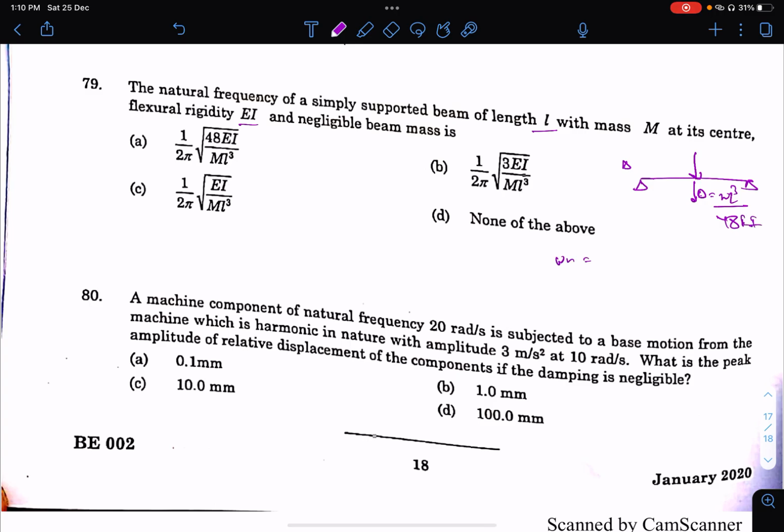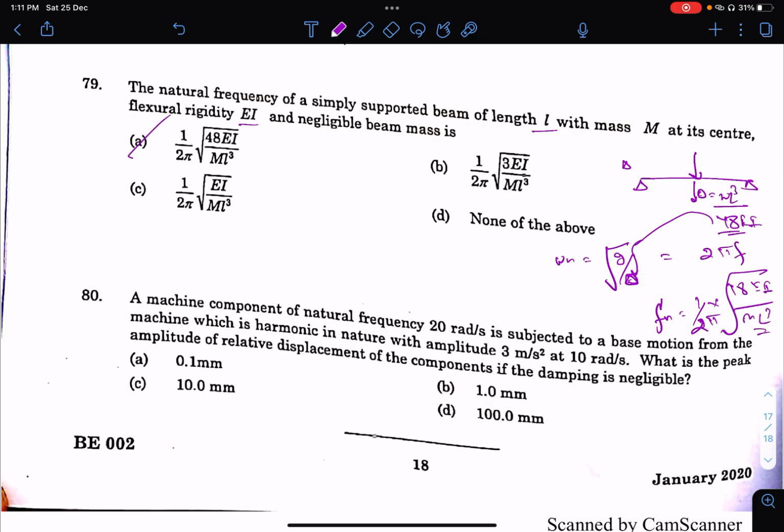So omega n is equal to root of g by delta, which is equal to 2 pi f. If you put g by delta here, then the frequency will come out to be 1 upon 2 pi into root of 48 EI upon m L cube. So the correct answer is A.